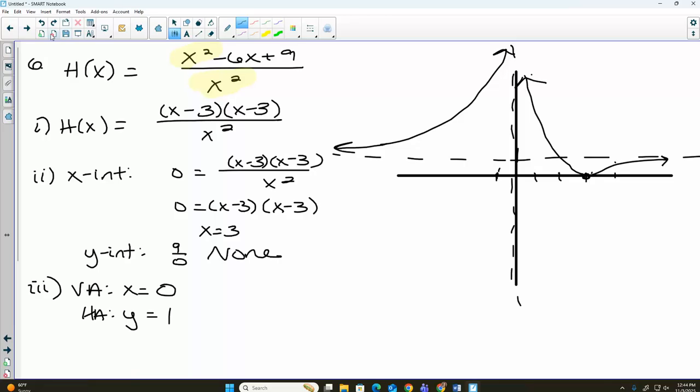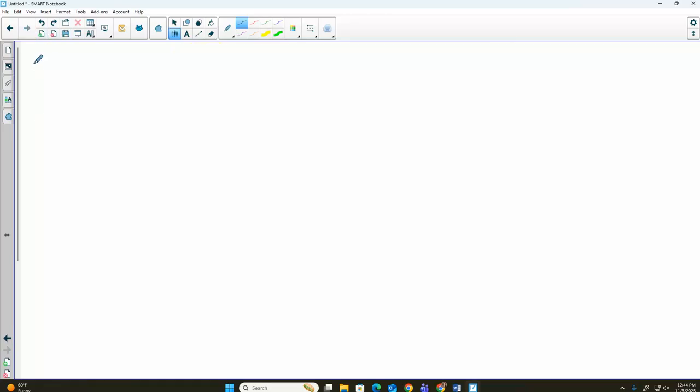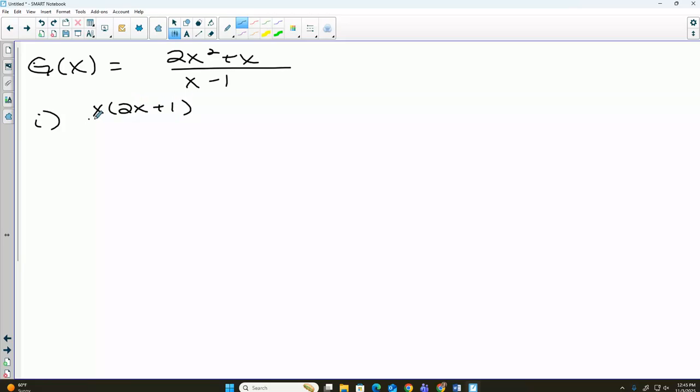So if I look at B, first step, factor. How would I factor the top? Replace with 2x plus 1 for x minus 1. Second step, x-intercept. That's when y equals 0, so this whole thing is 0, or really just when the top is 0.